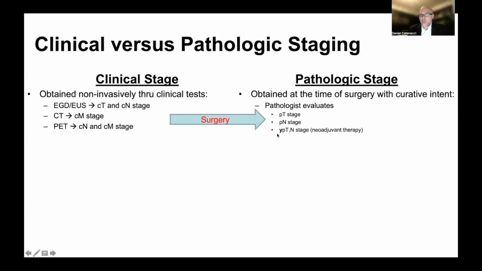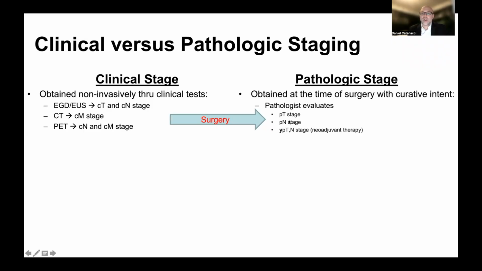Another thing to note is that when we get to the treatment segments, when we're in the perioperative setting before and/or after surgery, treatment given before surgery is called neoadjuvant therapy. And so if we do clinical staging at the time of diagnosis and we get a certain stage, but then we treat with neoadjuvant therapy, chemotherapy typically, we often see shrinkage of the cancer, which is what we would like to see.